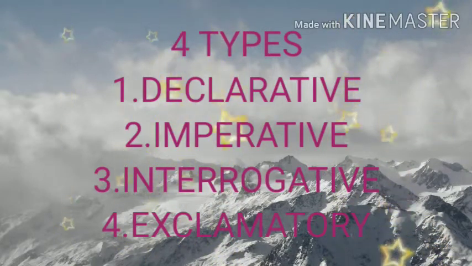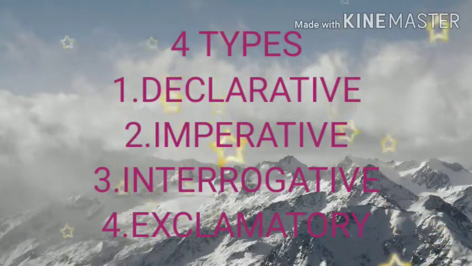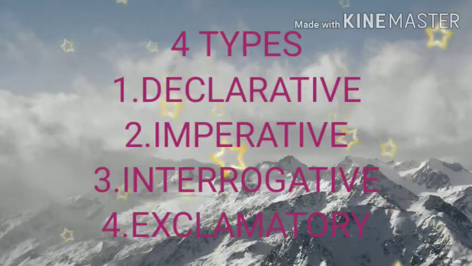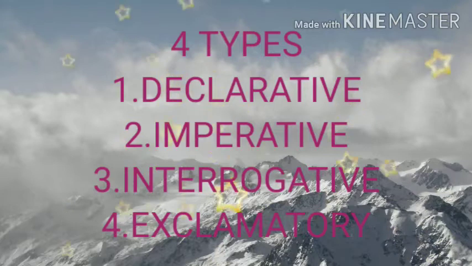I don't want to explain a long definition for these types. I will give you a keyword for each type so that you can remember only the keywords given for each type.